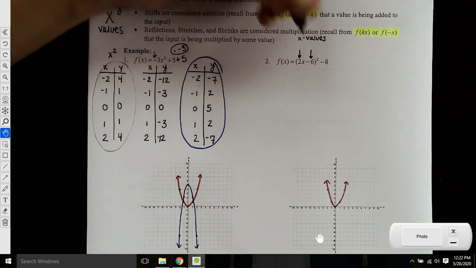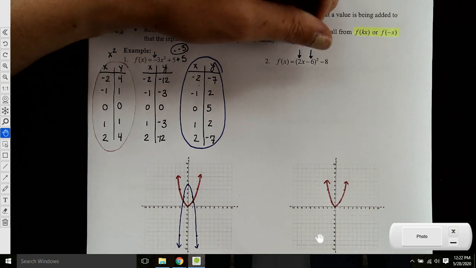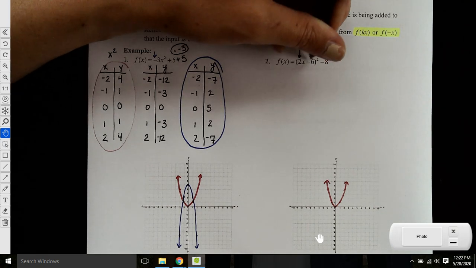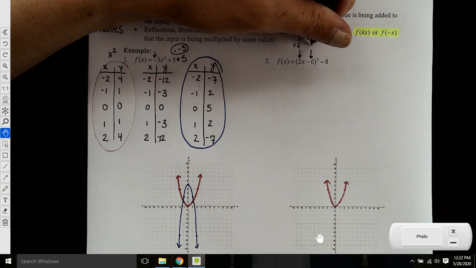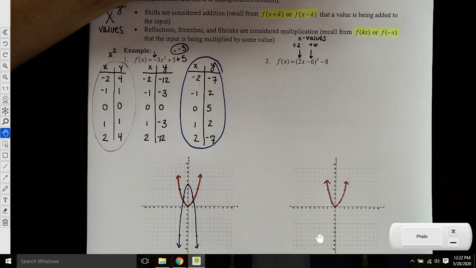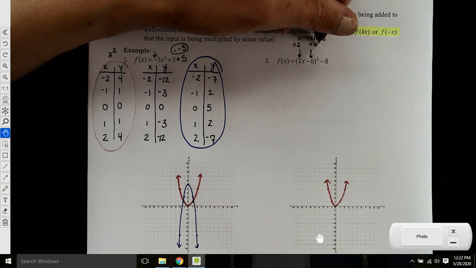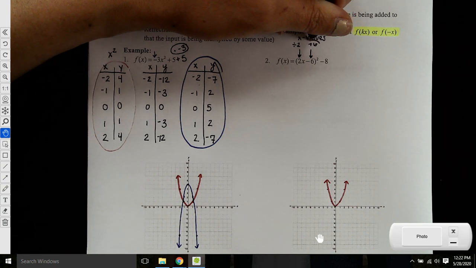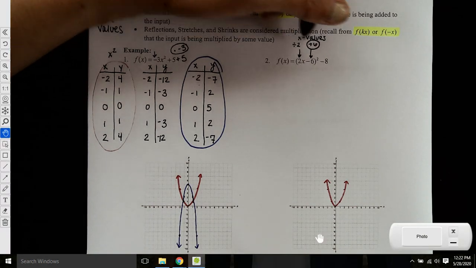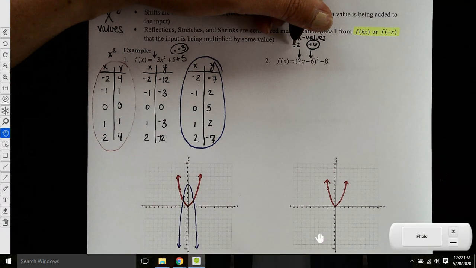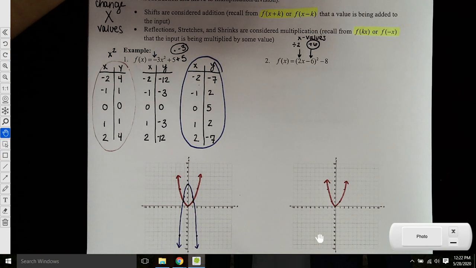This is multiplied by 2, so I need to divide by 2. And this is minus 6, so I need to add 6. Now, which one's going to happen first? Because it's on the inside and it works opposite, addition is going to happen before division.